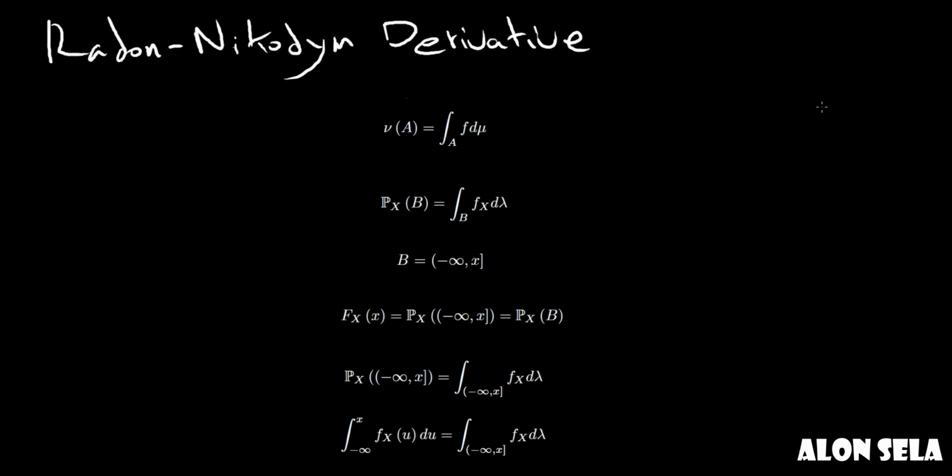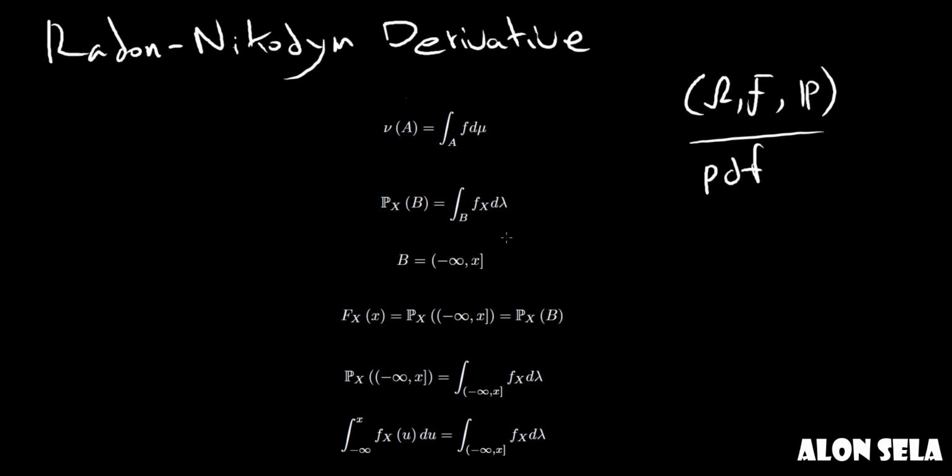And to do this, I'm hoping that you are familiar with the triple omega, F, P, which is a probability space, and that you are also familiar with the PDF, probability density function.